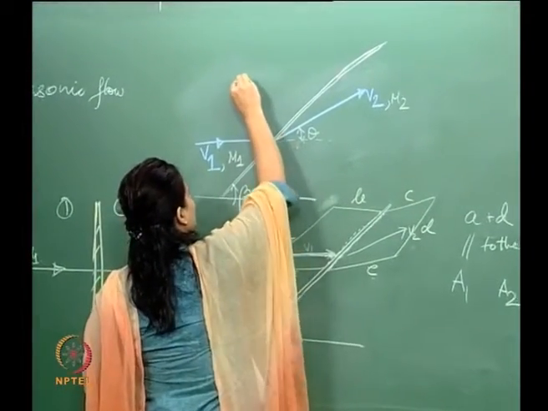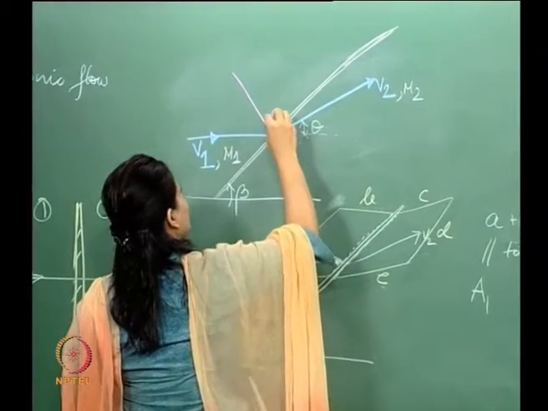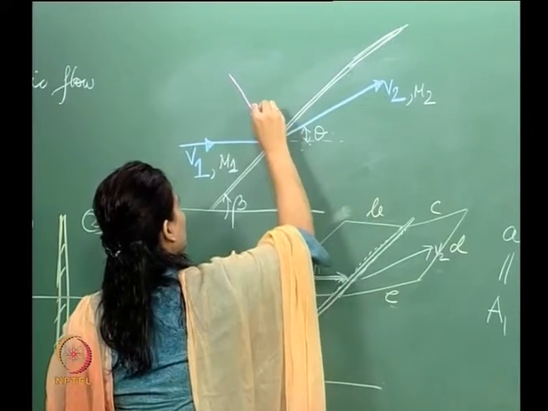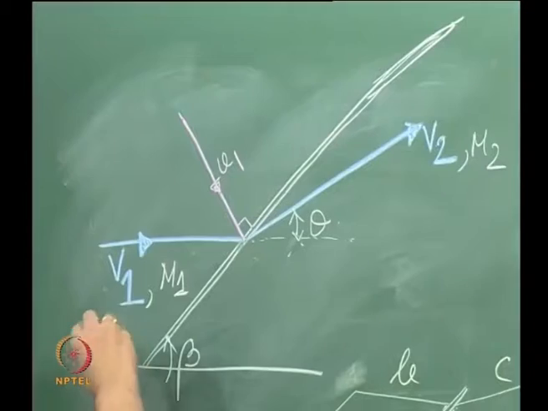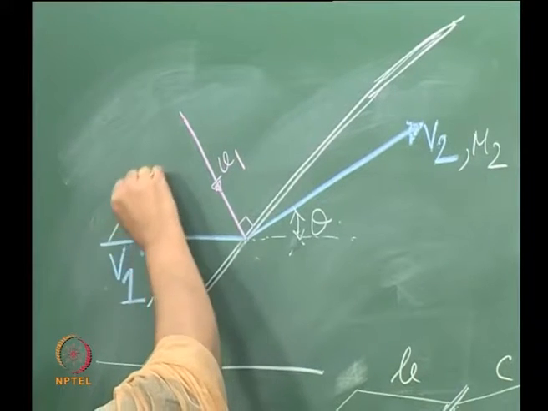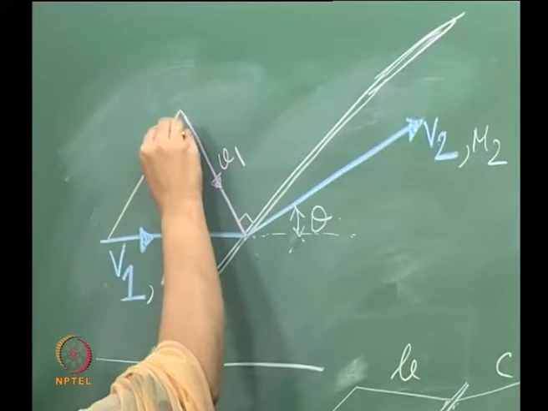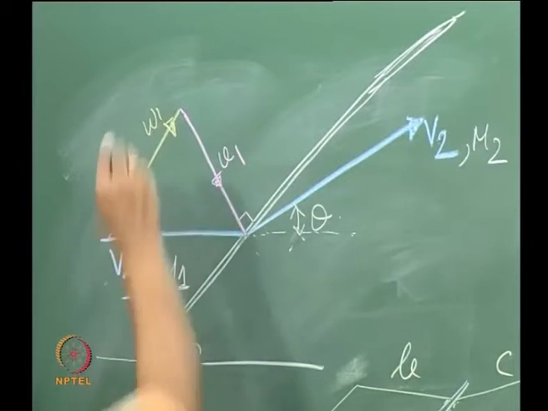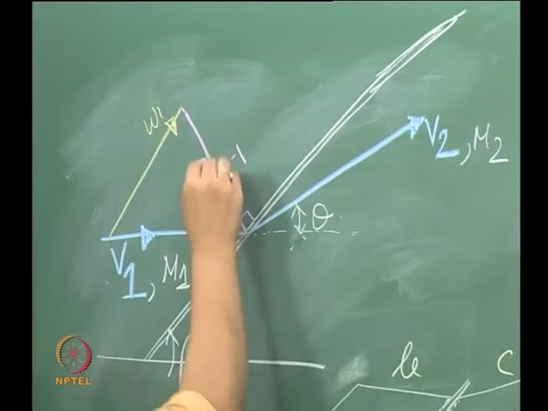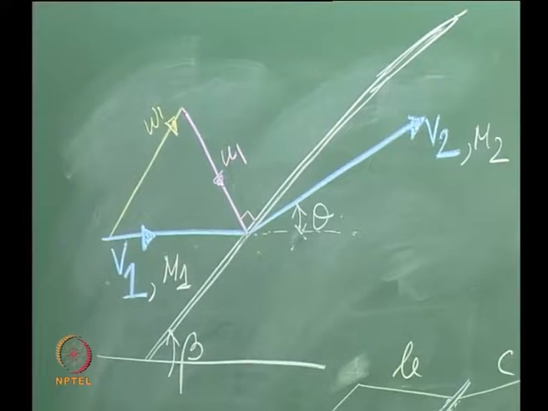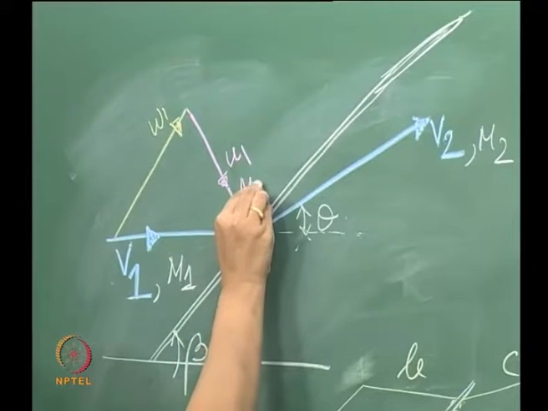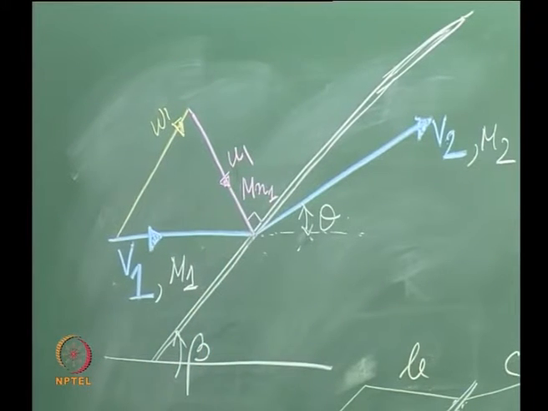This is a velocity vector which we will call u1, and the other one is w1, and the corresponding Mach number here is Mn1.